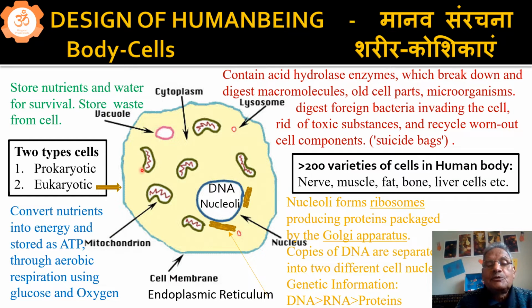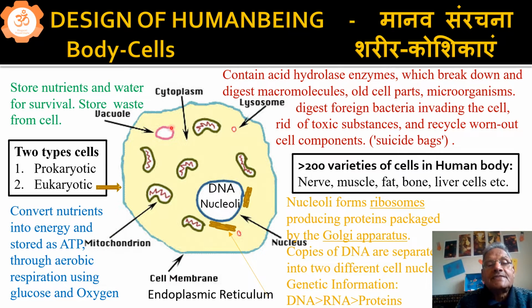What is the second most important thing? Rather, the most important is the mitochondria. This mitochondria converts nutrients into energy that is stored as ATP through aerobic respiration using glucose and oxygen.